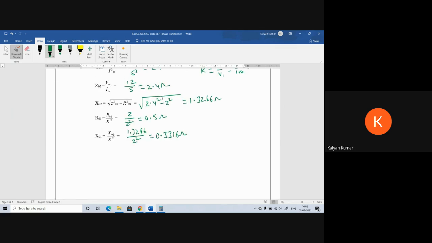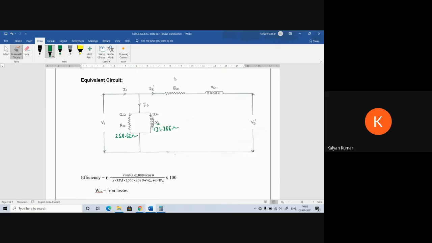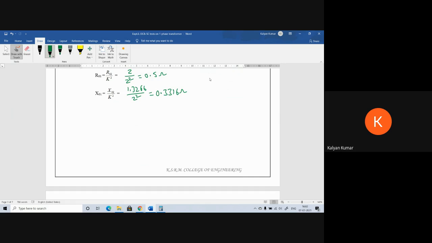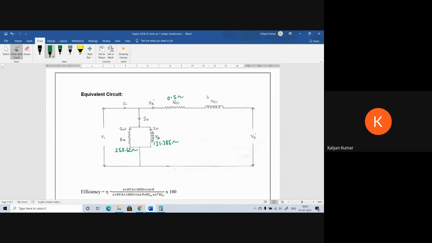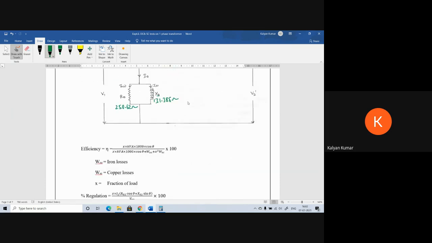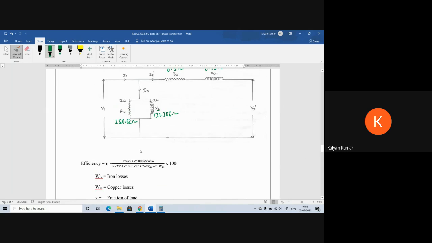R01 is 0.5 ohm and X01 is 0.3316. Now the equivalent circuit is completed.